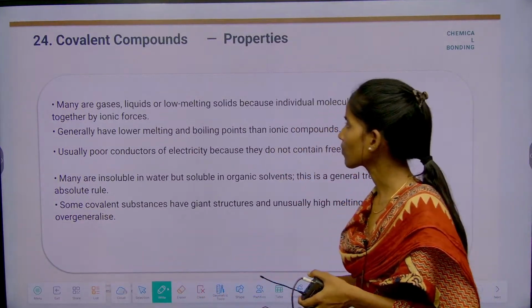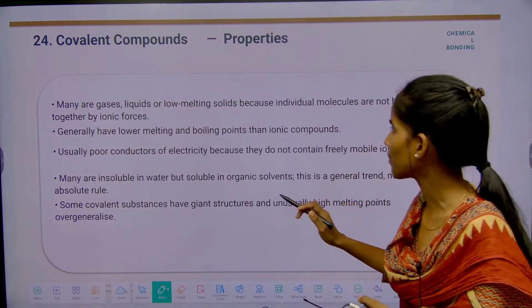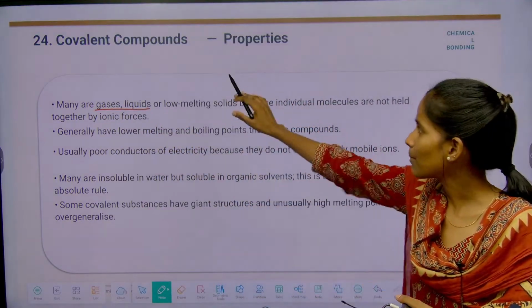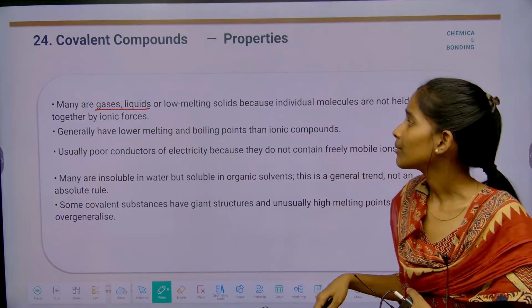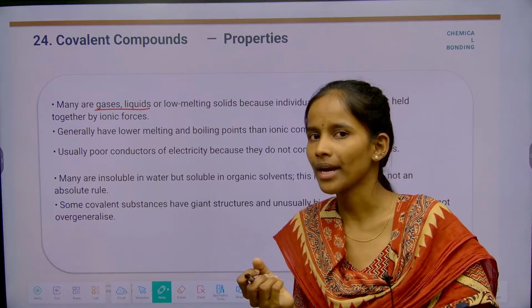In the properties of covalent compounds, we have already completed the properties of ionic compounds. In this, many compounds that we get are gases and liquids, because these molecules are formed due to shared pairs of electrons, right?